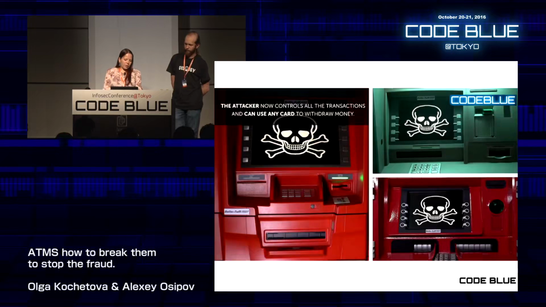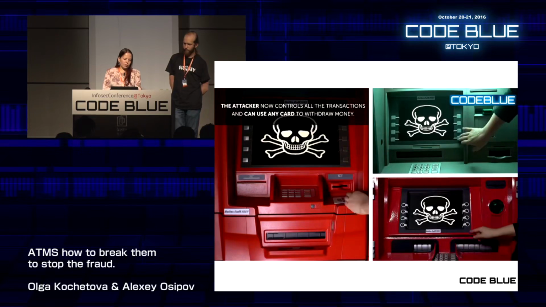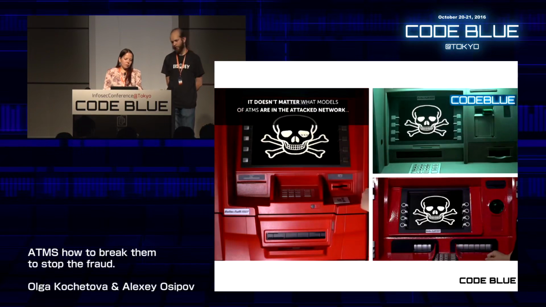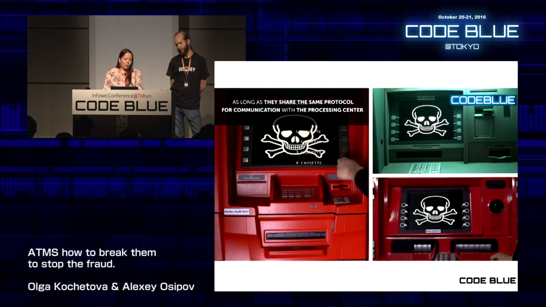Now other attackers came to the ATMs, to all ATMs of this network, and do something which looks like an original transaction, but attackers may choose the number of cassettes to withdraw money from, and eject as much money as they want.